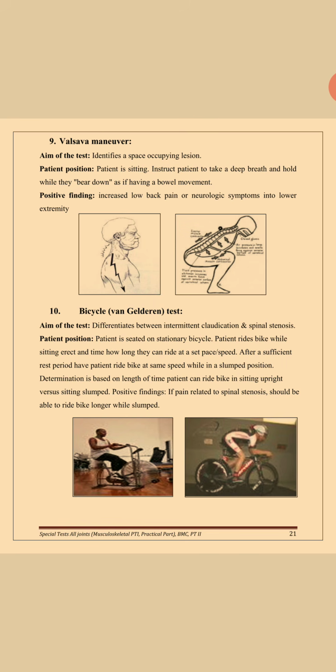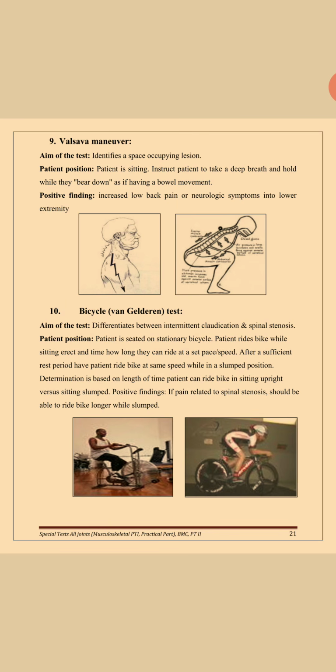Bicycle test, Van Gelderen test. Aim of the test: differentiates between intermittent claudication and spinal stenosis. Patient position: patient is seated on stationary bicycle. Patient rides bike while sitting erect and time how long they can ride at a set pace or speed.